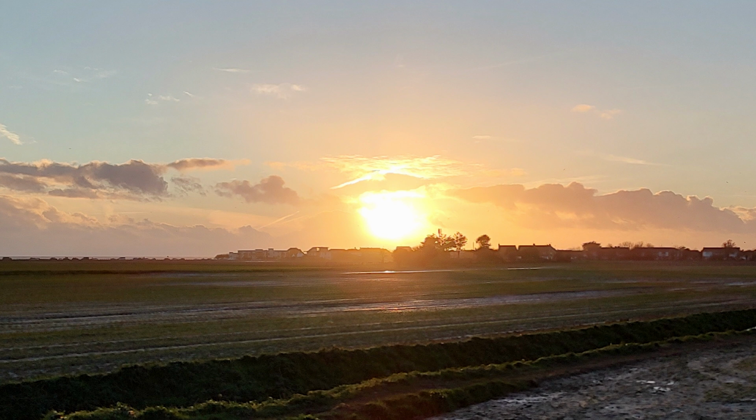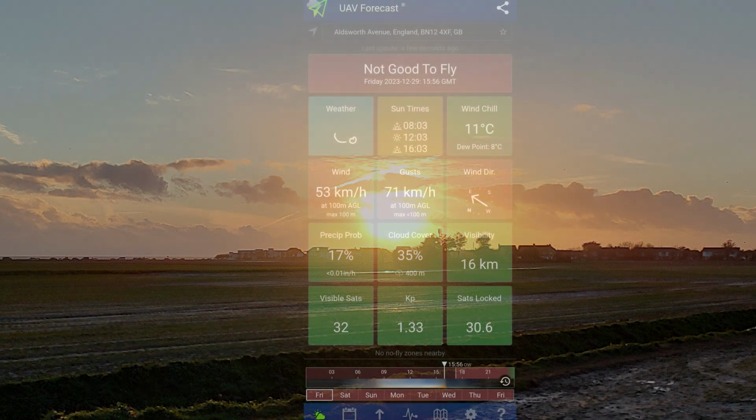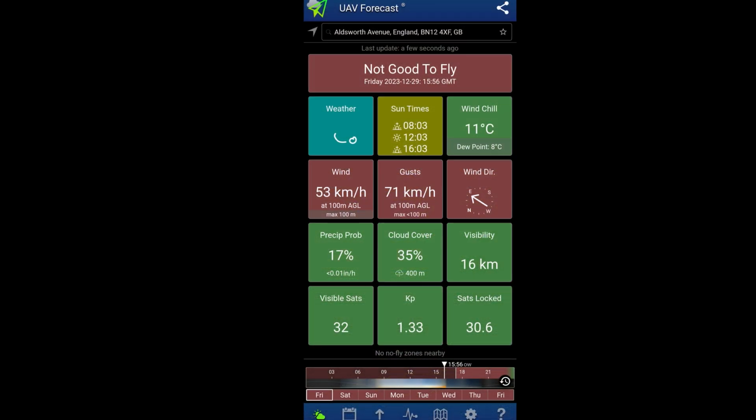It's also very windy, so I was a bit concerned that strong gusts would be too much for the drone. This is UAV Forecast. It's an app I got on my phone. You can easily find it and download it.